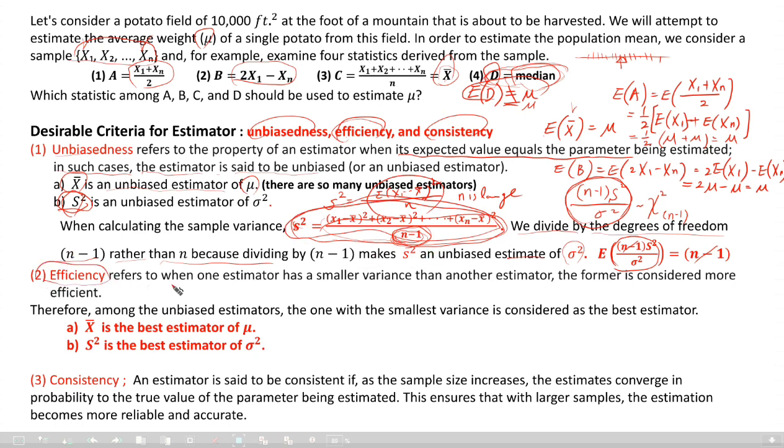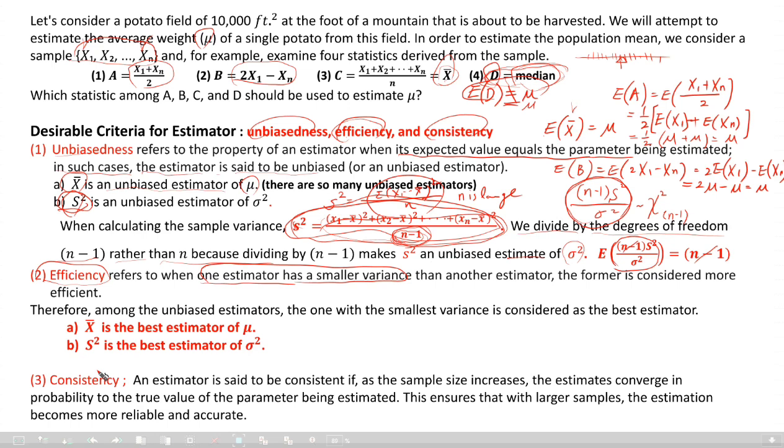Efficiency refers to when one estimator has a smaller variance than another estimator. The former, the smaller variance estimator, is considered more efficient. So if the variance of an estimator is small, then that estimator is better, is good.